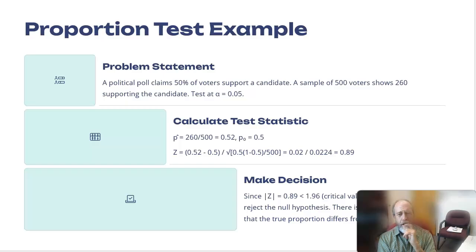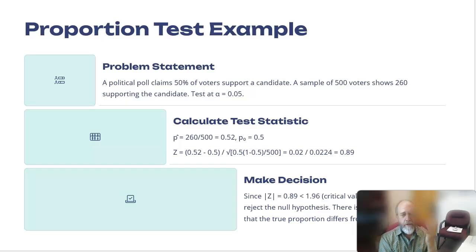And I can just right off the bat say that 1.96 is going to be the critical value, and we're not going to reject the null hypothesis. There is not enough evidence that the true proportion actually is different from 50%.